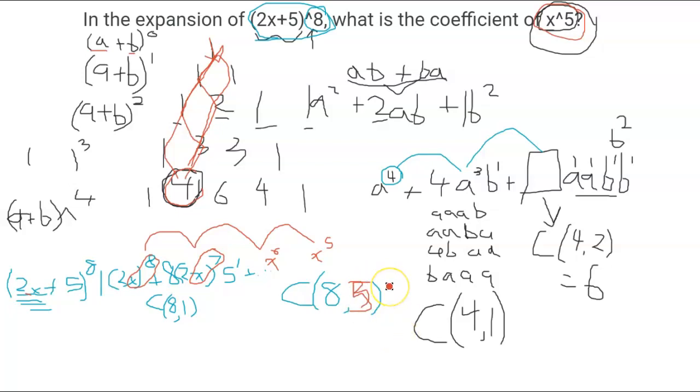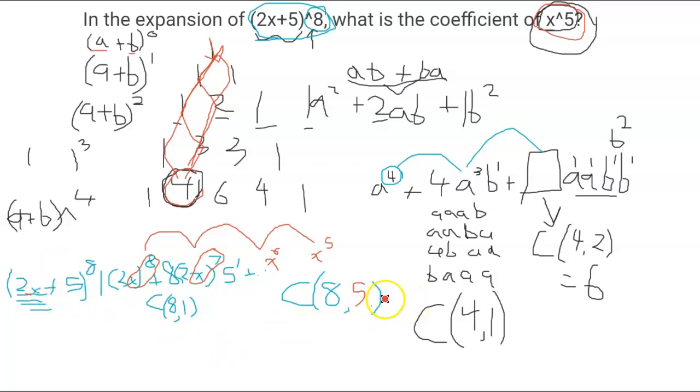You can reason it through either way. I actually prefer to think about it as 8 combination 5 because it makes it easier to track that exponent. Some people like counting the hops to get there, so they prefer combination 8, 3. I'll do combination 8, 5 because I know that gives me 5 powers of the first thing, right?